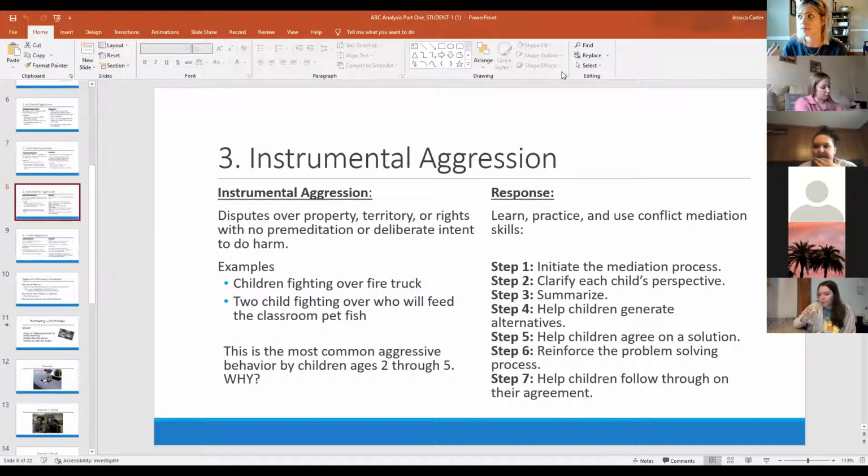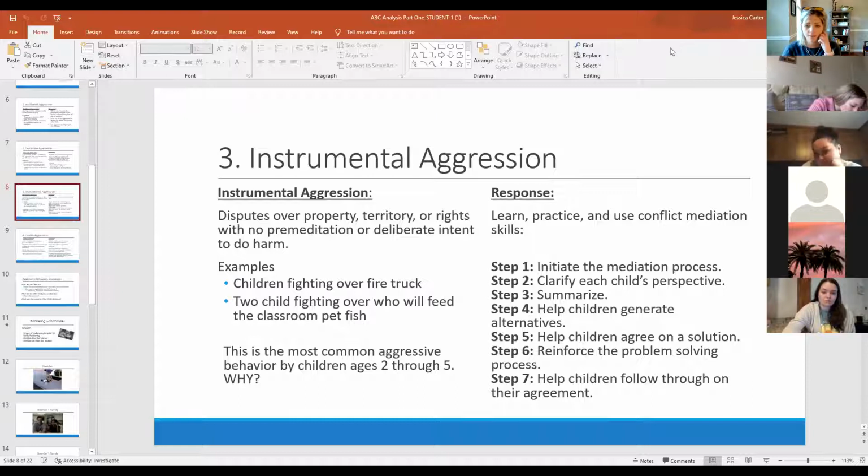I can't think of the term. Sorry, guys. But it's self-regulation, a lack of self-regulation, right? And so that's why we see instrumental aggression happening frequently across most children in early childhood settings.